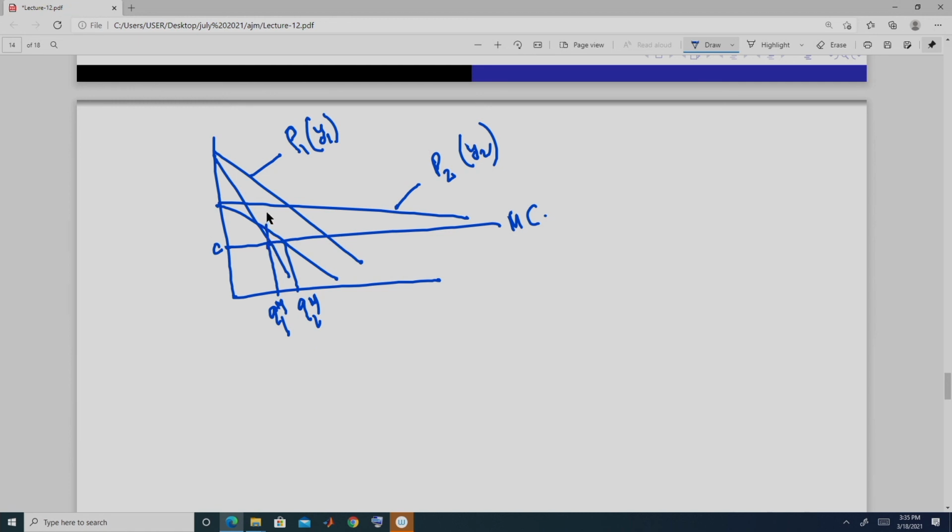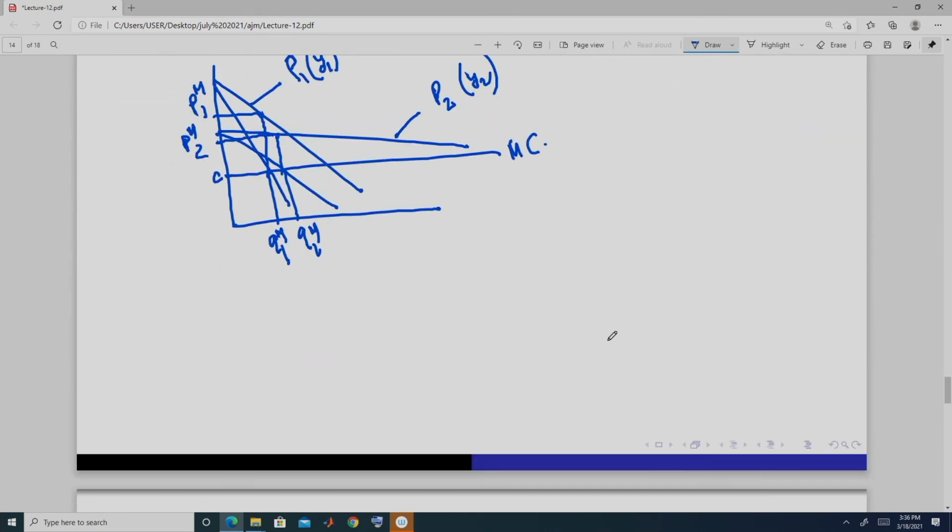So, price here is this, price here is this. This is the monopoly price in market 2, this is the monopoly price in market 1. This demand curve, you know, is more flat, so it is more elastic. This demand curve is steeper, so it is less elastic. So, the monopolist is charging a higher price on the inelastic demand curve and a lower price on the elastic demand curve. This is happening. So, this is mainly third degree price discrimination.